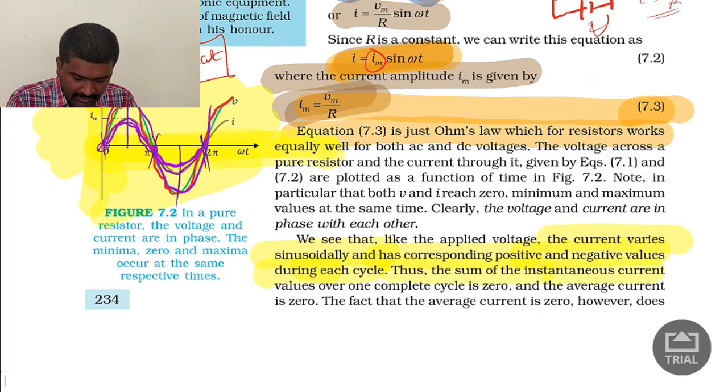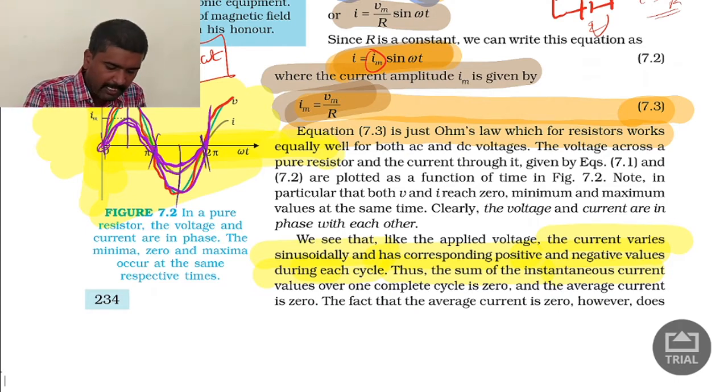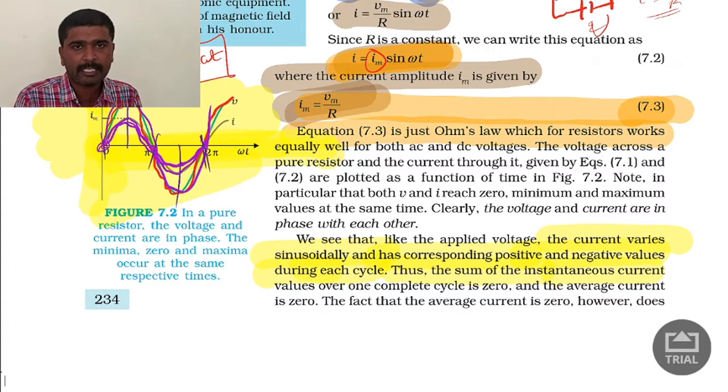The phase difference between voltage and current is 0, because whenever voltage is maximum, current is also maximum, and when voltage is 0, current is also 0. So we can say both are in phase.